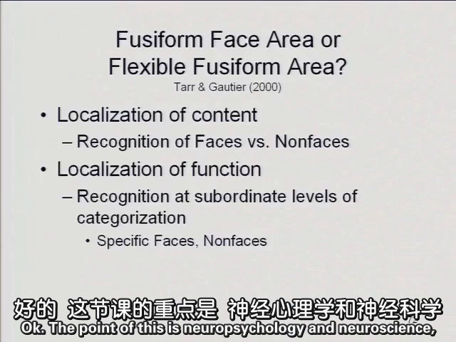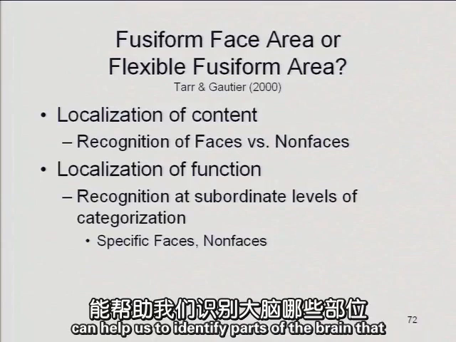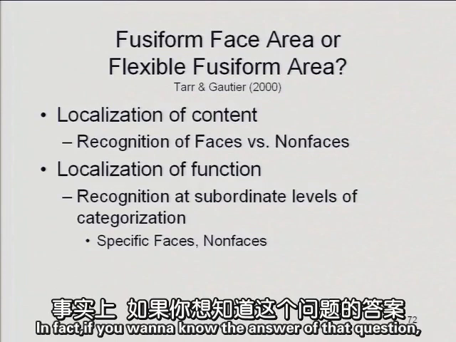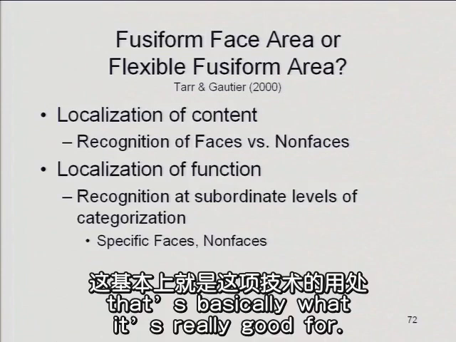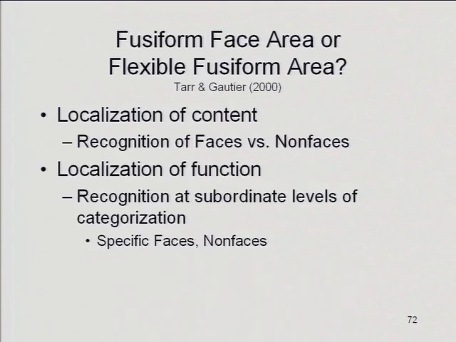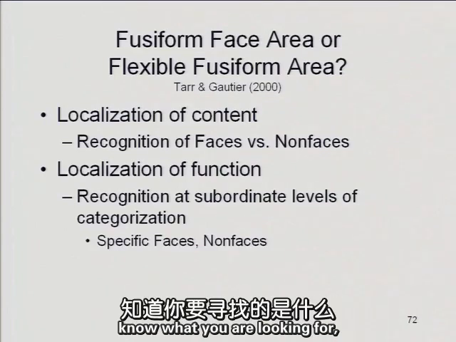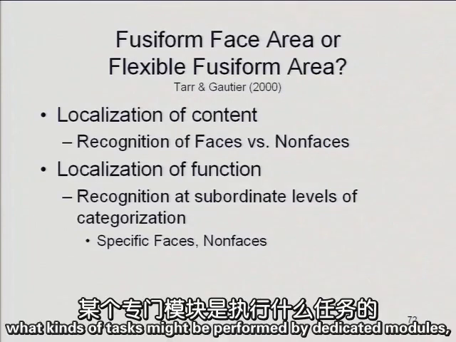Okay, the point of this is that neuropsychology and neuroscience, brain imaging, studies of brain damaged patients of all sorts, can help us to identify parts of the brain that are specifically dedicated to particular social cognitive tasks. In fact, if you want to know the answer to that question, you have to do neuroimaging. That's basically what it's really good for. But before you can do the neuroimaging, you have to, A, know what you're looking for. There has to be a theory that suggests to you what kinds of tasks might be performed by dedicated modules.